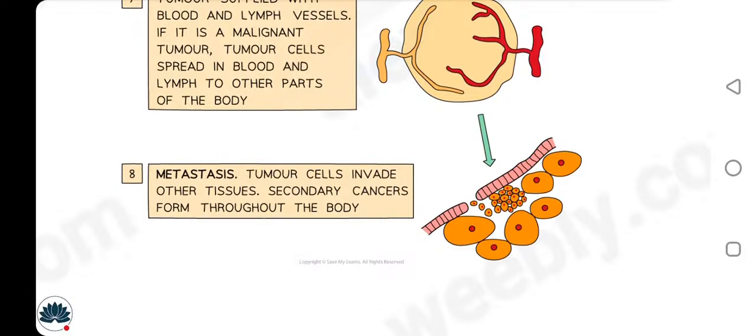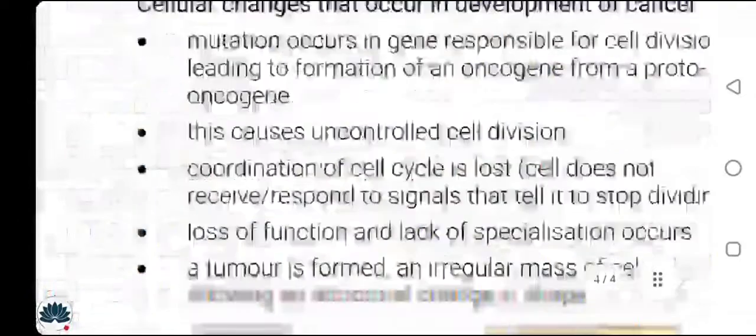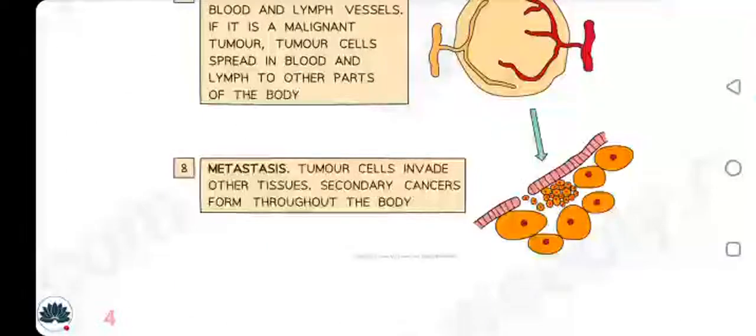As the tumor cells invade other tissues, secondary tumors form throughout the body. It means that the cancer cells have arrived at the blood vessels and the lymph vessels, and through them they spread towards all organs or a particular organ of the body.